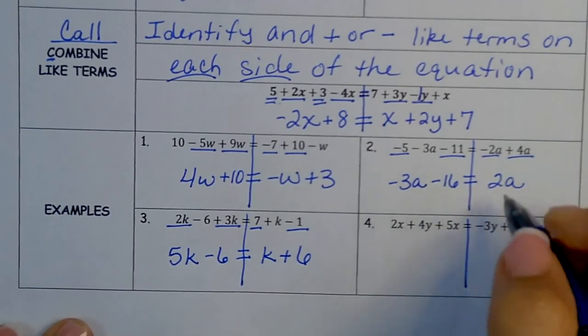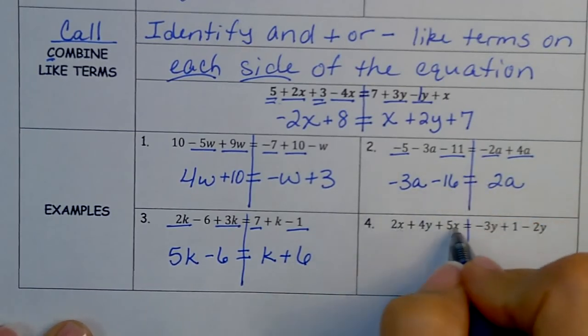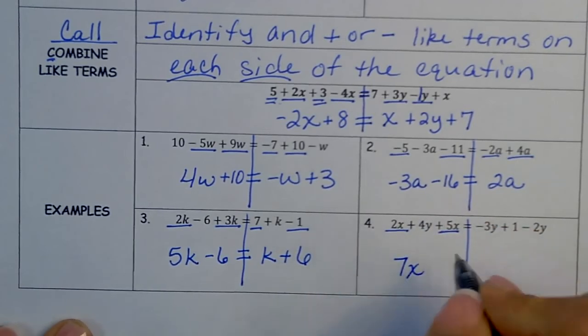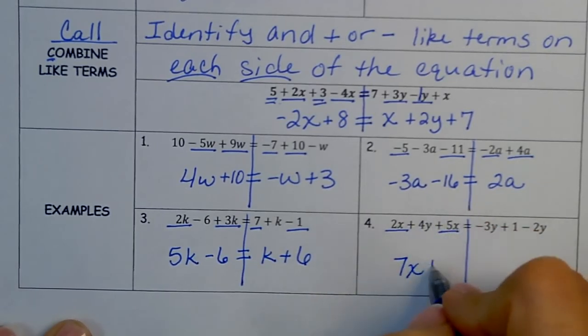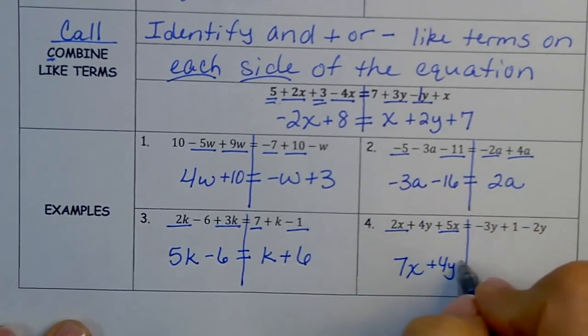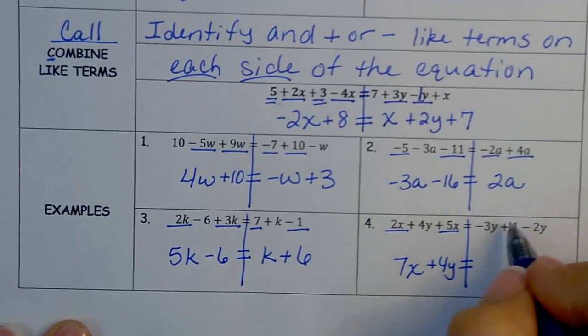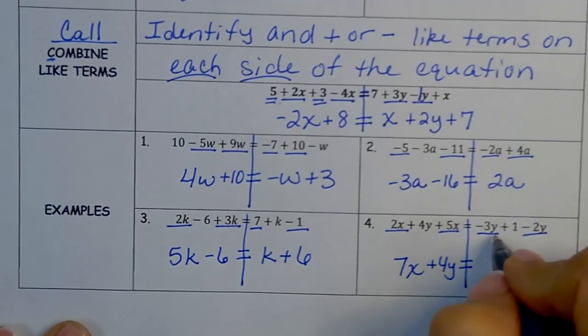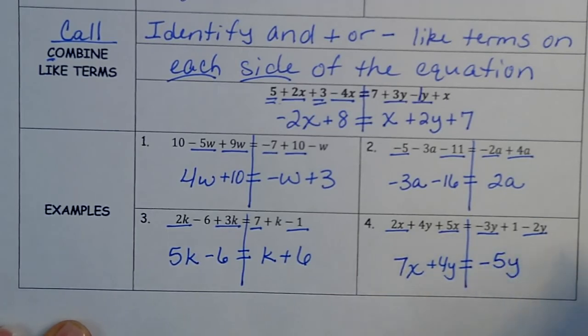Number 4, starting with x, 2x plus 5x is 7x, plus 4y. I have negative 3y and negative 2y. Those are like terms and combined give me negative 5y. Plus 1 is the constant.